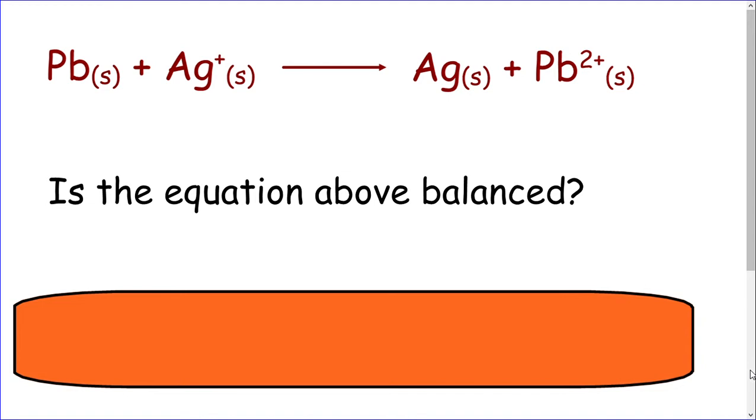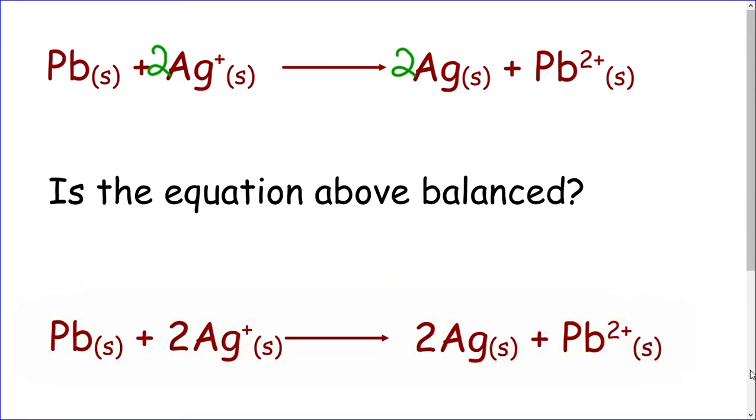We can only add numbers in the coefficients place. So if I wanted to balance out the charge on this, I would actually have to add in a 2 in the front of the silver, because there's a +1 charge. 2 plus 1s give me +2, +2 on the right. The charge is now balanced. But do the atoms balance individually? And the answer is no. I'd actually have to add a 2 in front of the silver to balance that out as well.